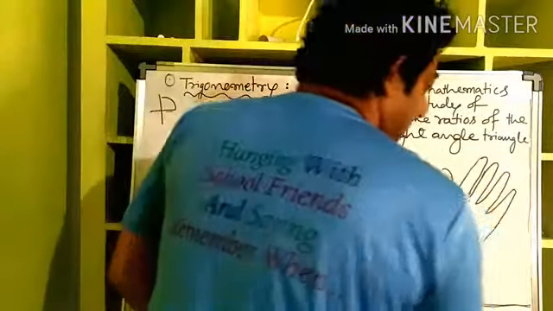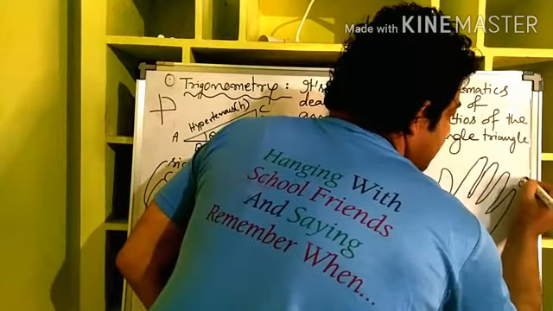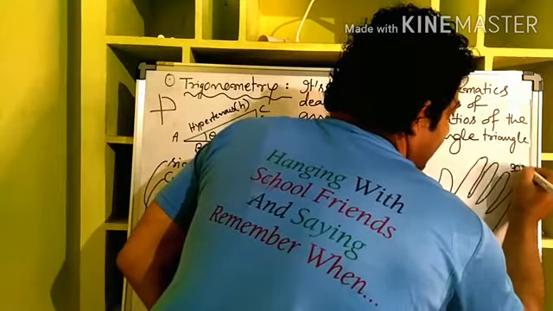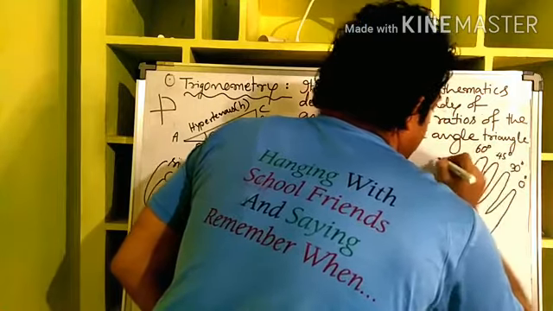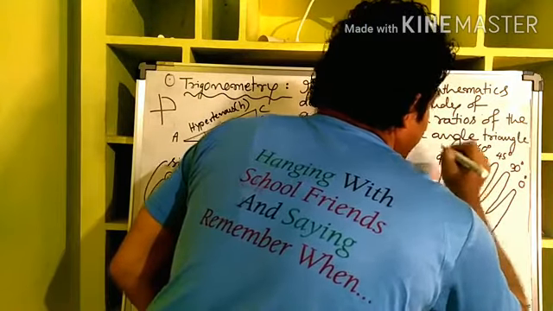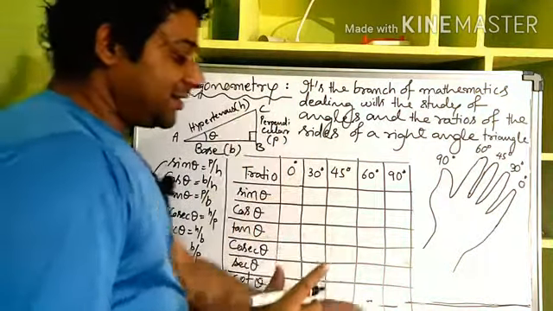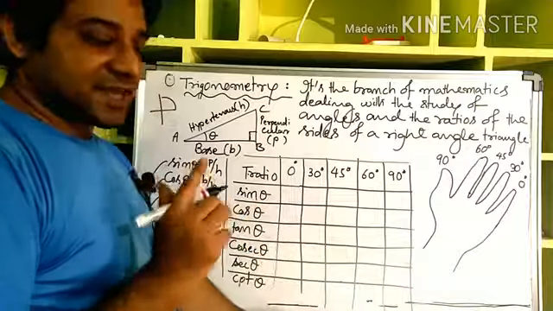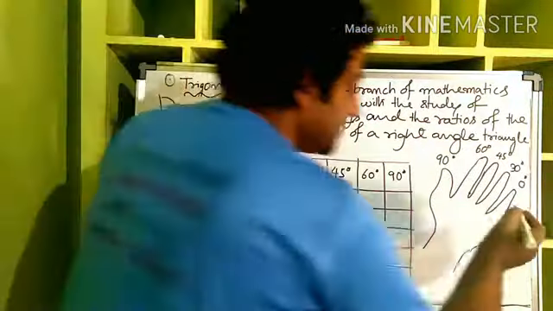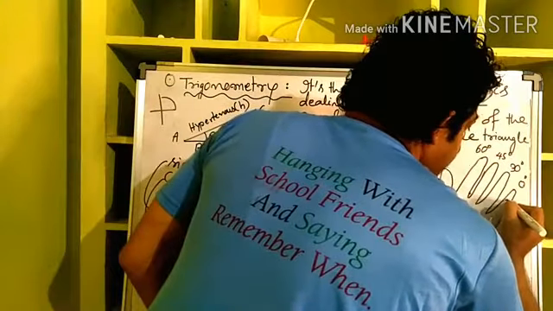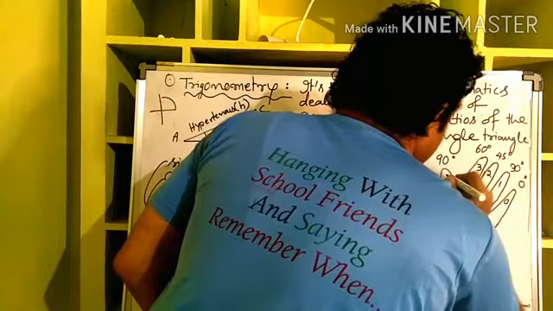You imagine one hand symbol, like this. Let us say this is 0 degree, 30 degree, 45 degree, this finger is 60 degree and the thumb is 90 degree. Now for cos, I'll write in a black color, and in a different color I'll write for sine. For sine we'll start like 0, 1, 2, 3, 4.